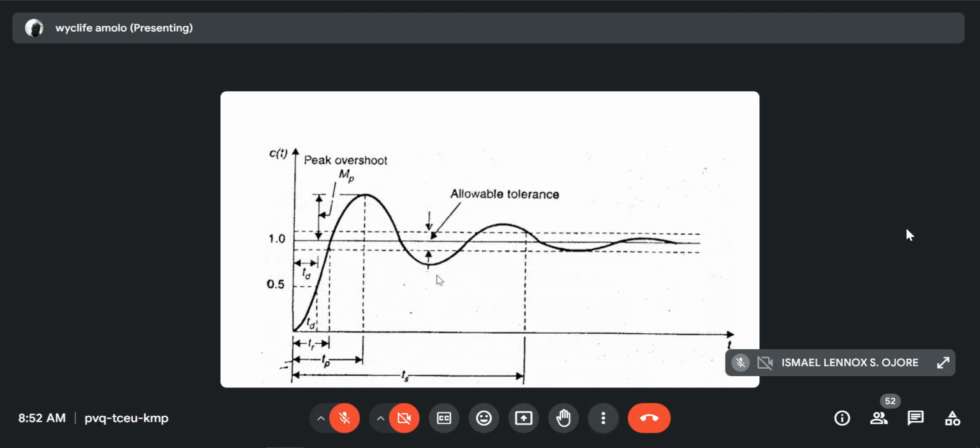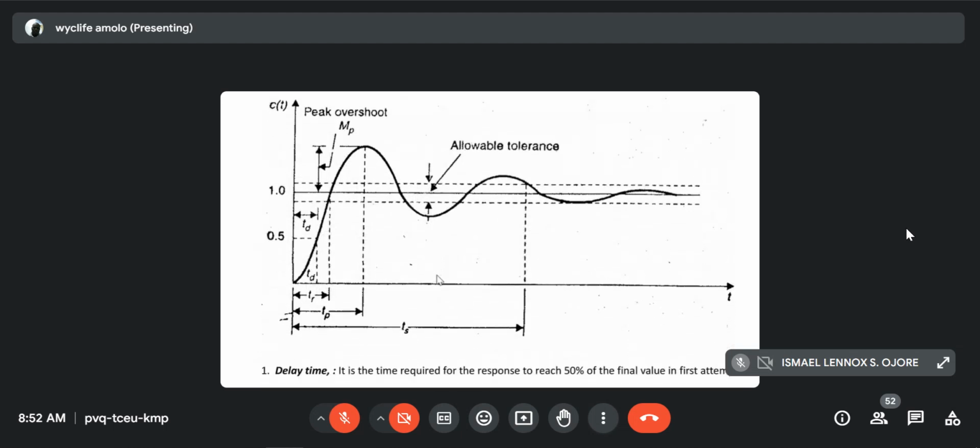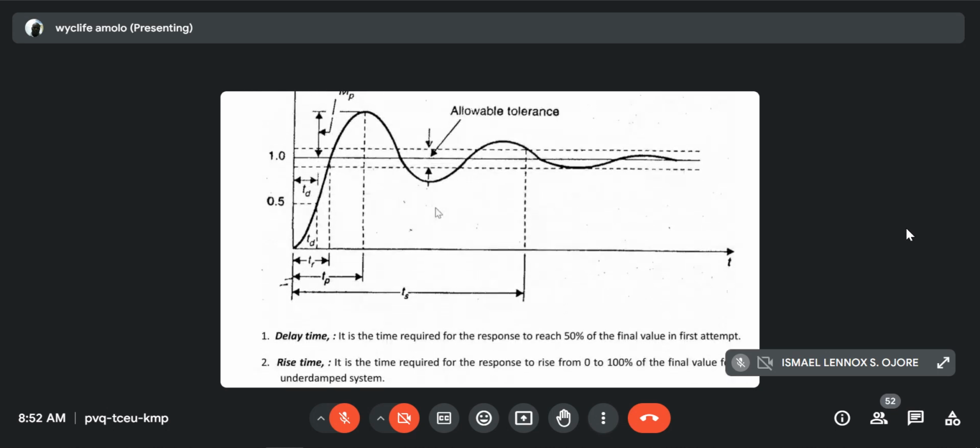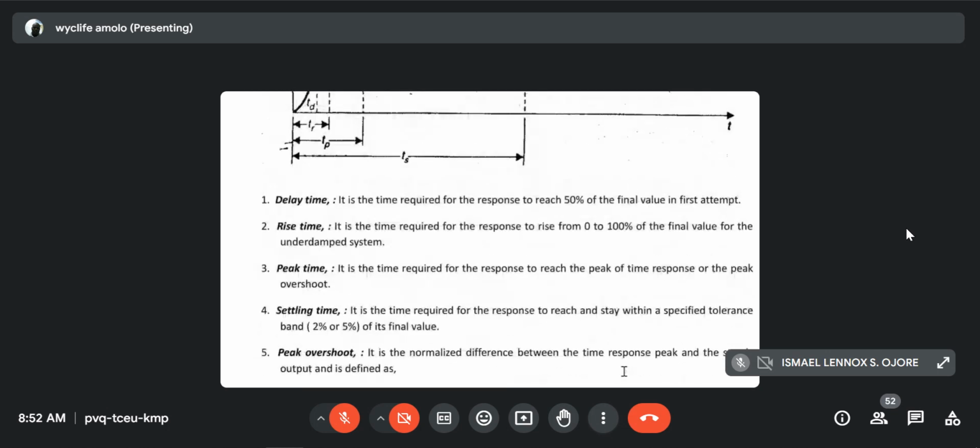So normally we allow a tolerance of 2%. Delay time is the time required for the response to reach 50% of the final value. Rise time is the time required to rise from 0 to 100% of the final value.